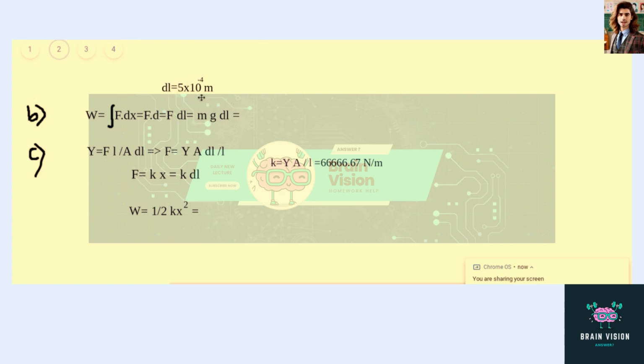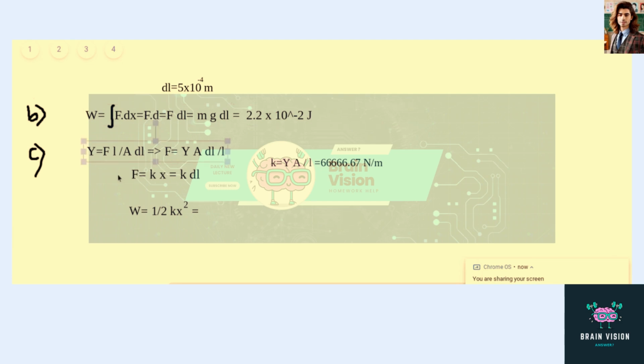Plugging all these values into this equation, we get my work done as 2.2 times 10 to the power minus 2 joules. So this is the work done due to gravity when we have a varying force applied on the wire at the bottom.